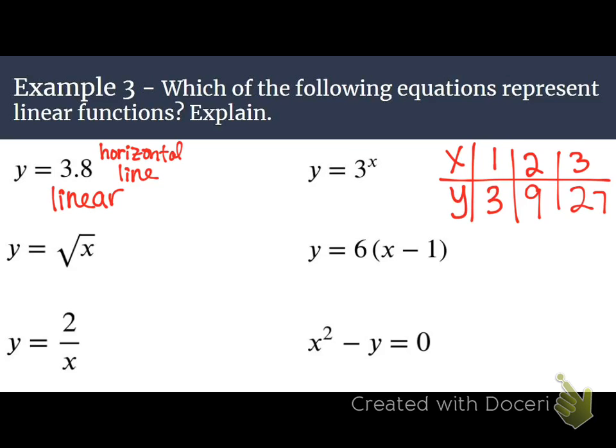So let's just look at what we have here. How did my x's change? What did I do? I added 1 to my x's. How did my y's change? What did I add here? And then what did I add next? So is this going to be linear? No. If your x is in an exponent, it will not be linear.